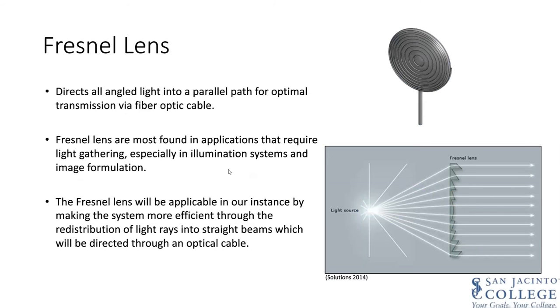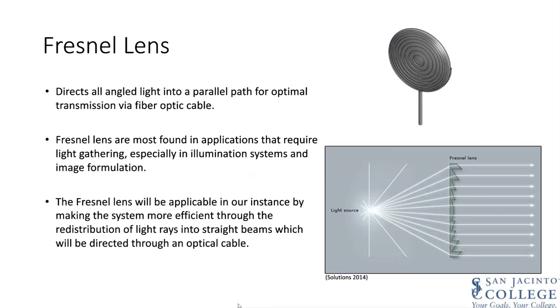All right, guys, thank you very much. From here on, we're going to be talking about the Fresnel lens. The purpose of the Fresnel lens was so it could direct all incoming light from a light source that may be at different angles, the individual rays from each other, so they're coming out parallelized to one another from the central rays in the center of the lens, almost like a laser beam.